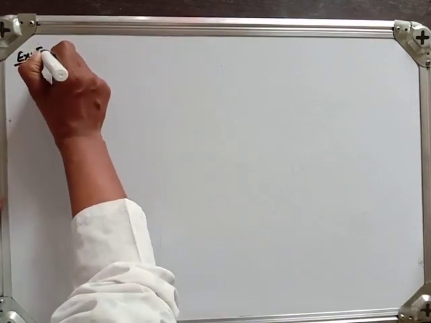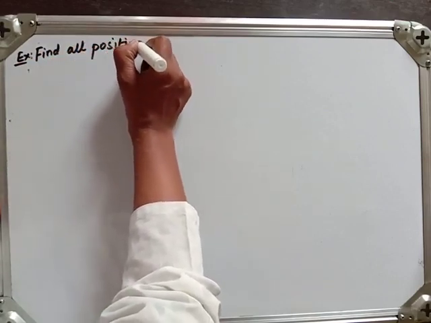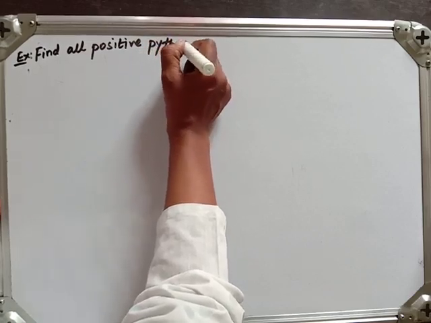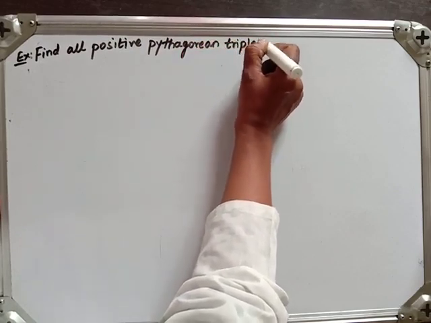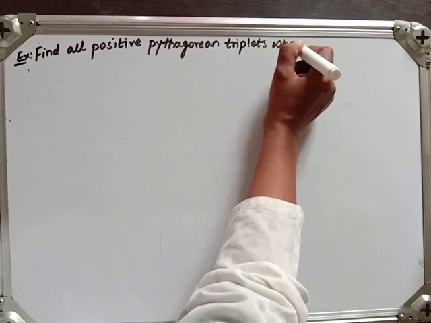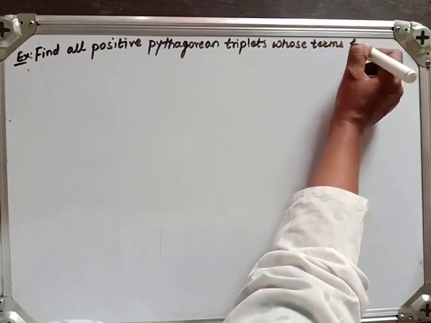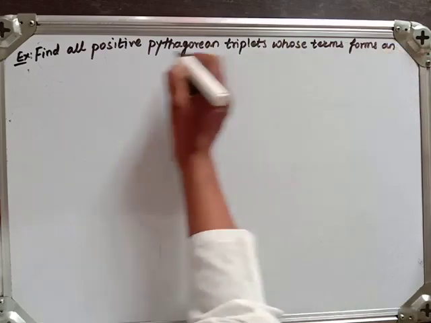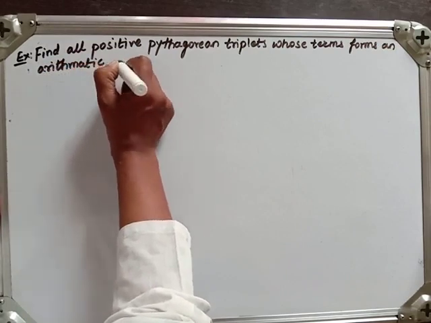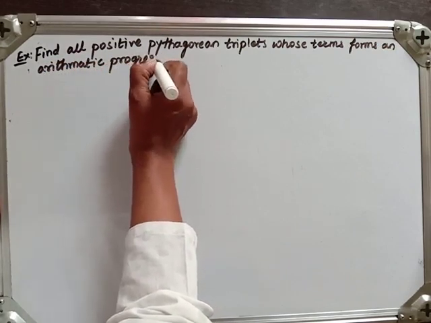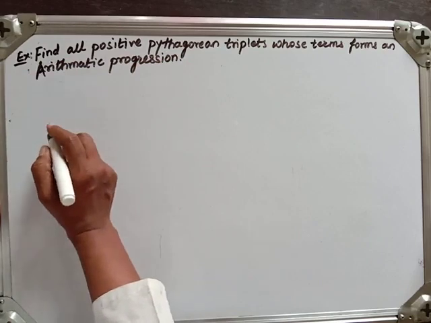Find all positive Pythagorean triplets whose terms form an arithmetic progression, AP.